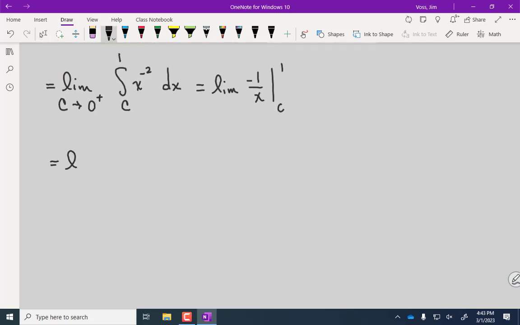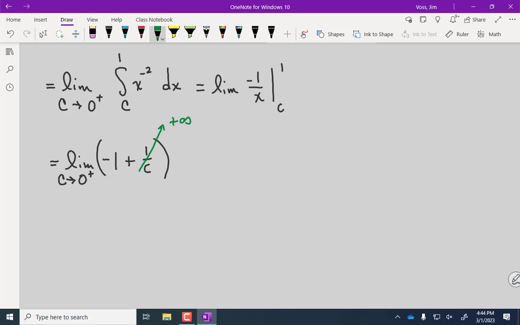So this will be the limit of minus 1 minus a minus, which is plus 1 over c, as c goes to 0 from the right. We're not taking the limit as c goes to infinity, so don't just jump up and write, oh, negative 1. It's very tempting. This is as c goes to 0 from the right. So this right here is going to go to where? Infinity. Yeah, it's going to be positive infinity.